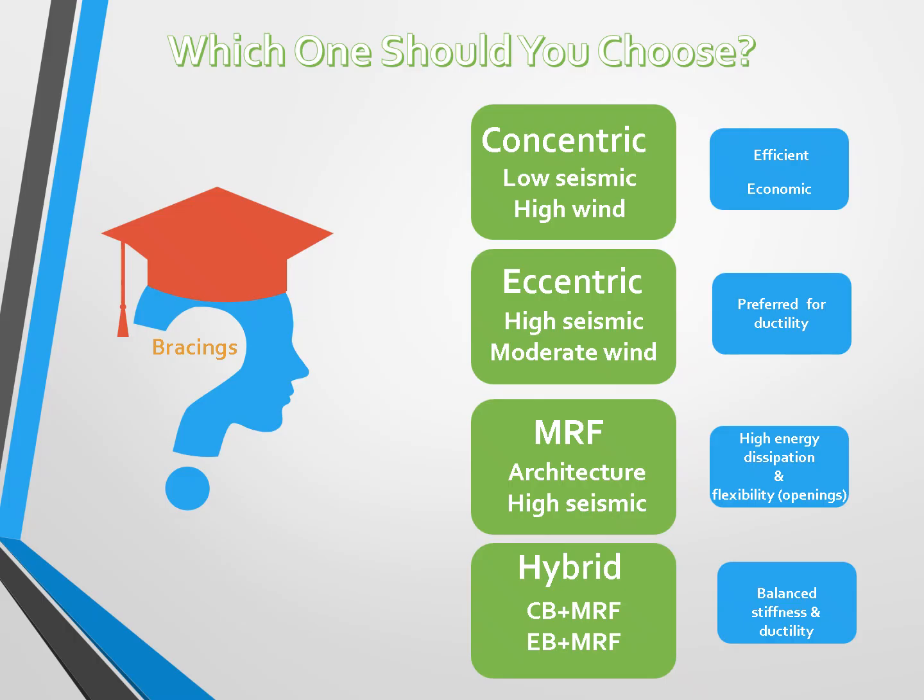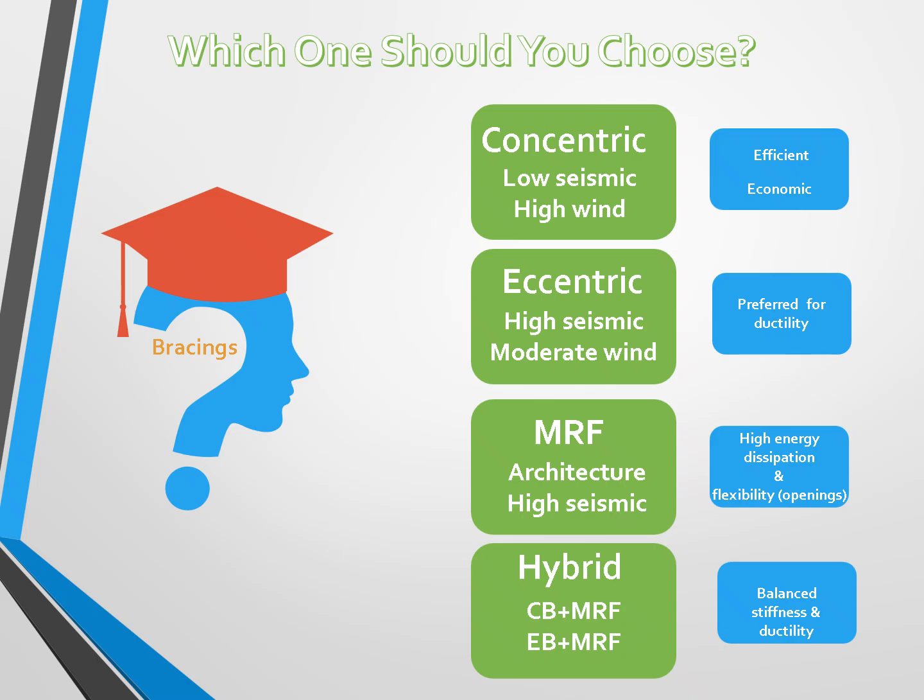Because they provide a very rigid frame, which is efficient and economic. Where should we use eccentric bracing? When we have high seismic zones, because it provides high ductility, and for moderate wind, and it is preferred for the ductility.